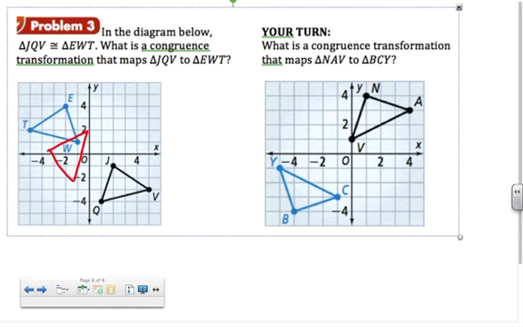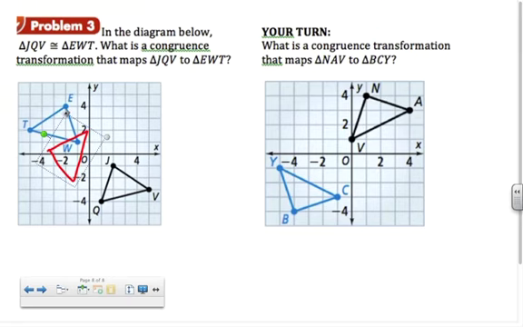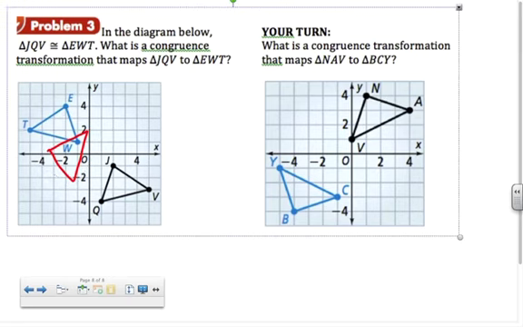So where was it? I love technology when it works. Okay, that's not working.